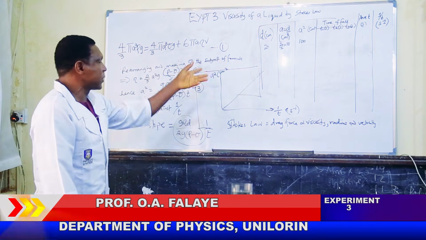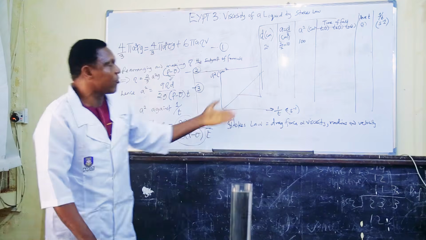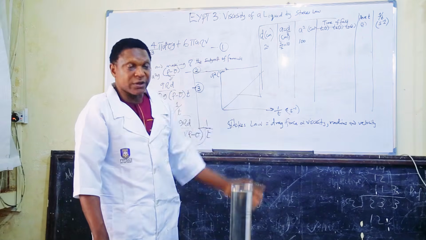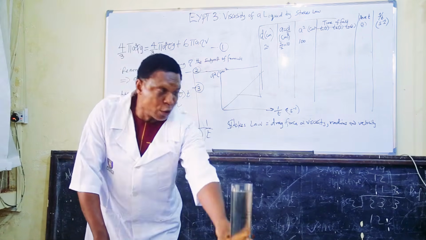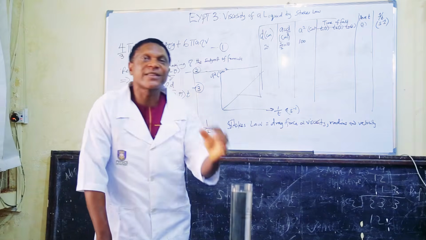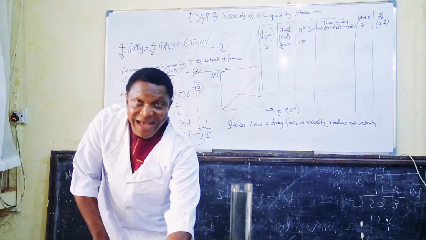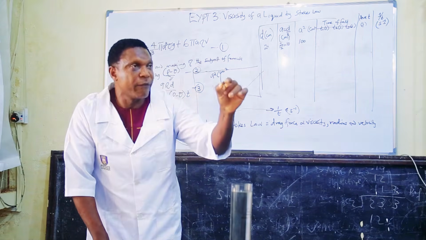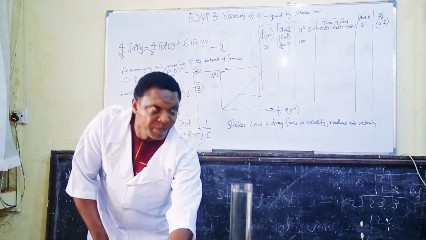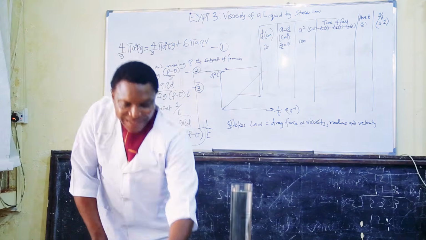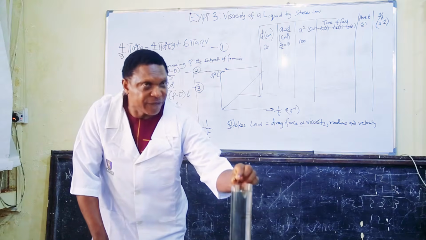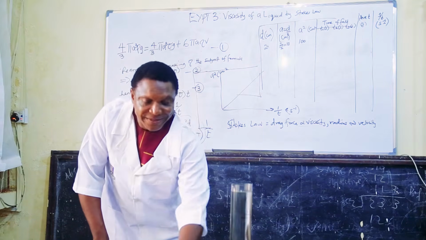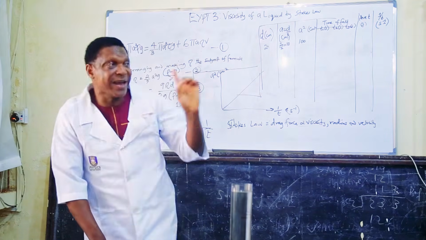If you recall, Stoke's law says that the drag force is directly proportional to the viscosity of the fluid, the radius of the metal ball or bearing falling through the fluid, and the velocity at which that ball is falling through the fluid. That determines the drag force that it will experience.